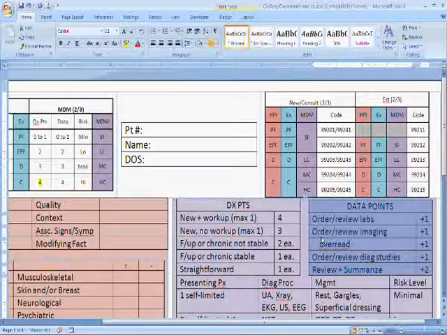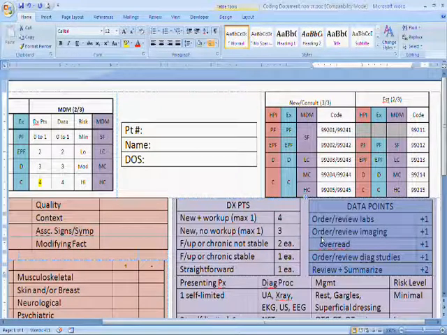It'll be easy to adapt. I'll try to see if I can find one. I did create a 2-page comprehensive version, and I'll see if I can dig that up, and it just might be helpful for you guys in different specialties.